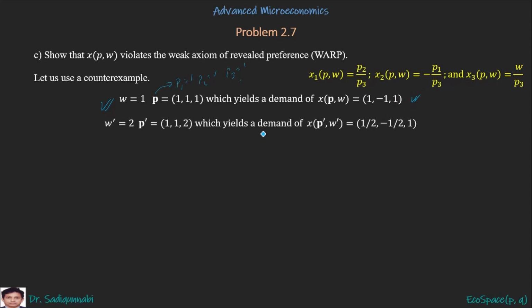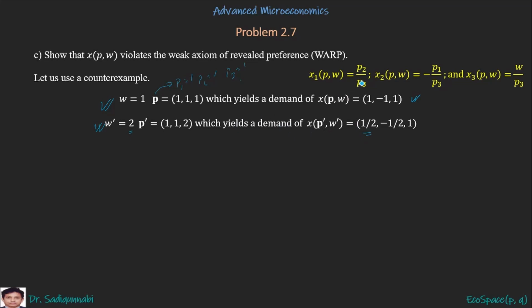So let's take this as an example, and let's take w prime equal to 2, p prime equal to 1, 1, 2, which yields, similarly, demand half, because P2 and P3 are 1 and 2, so half.